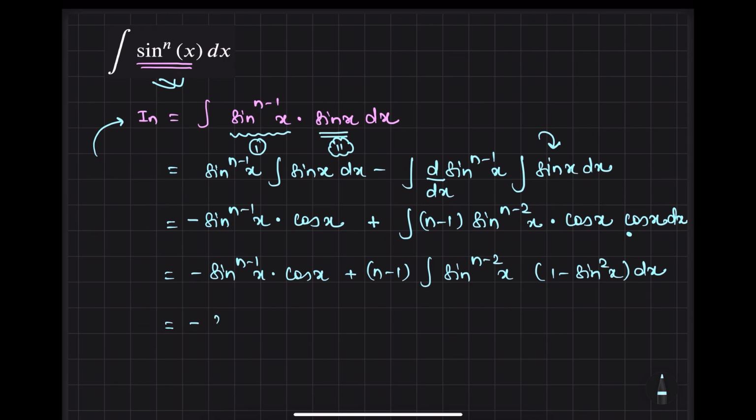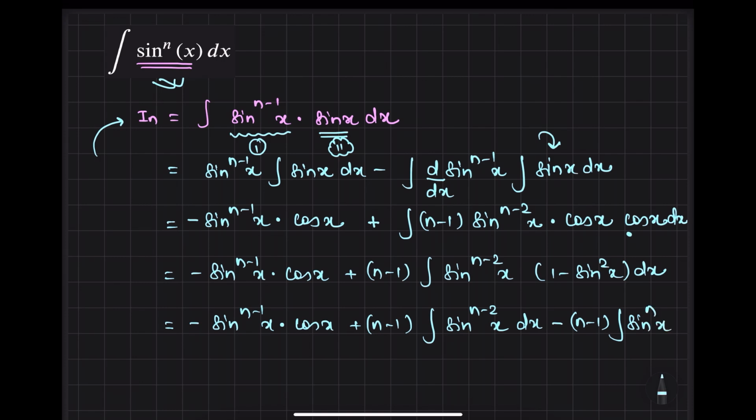Sine n minus 1 x cos x plus n minus 1, and we can break it into two integrals: sine power n minus 2 x dx minus, and this thing is minus, that is plus, so plus minus minus. So it is n minus 1 integration of sine power n x, because base same, powers add, dx.